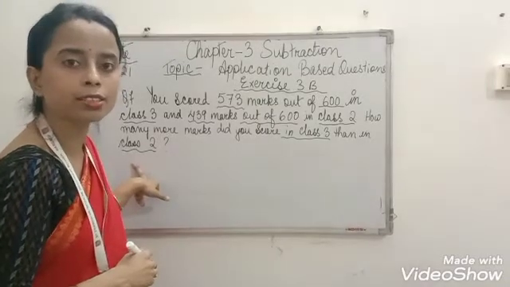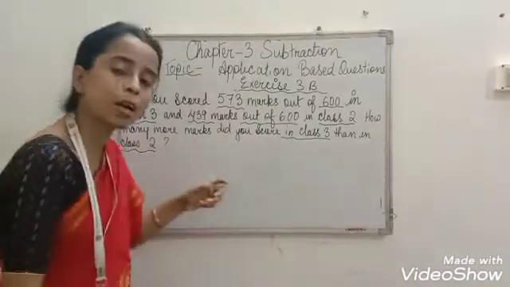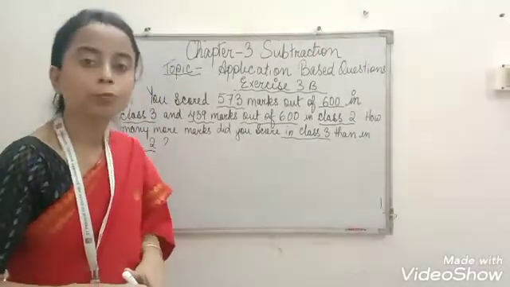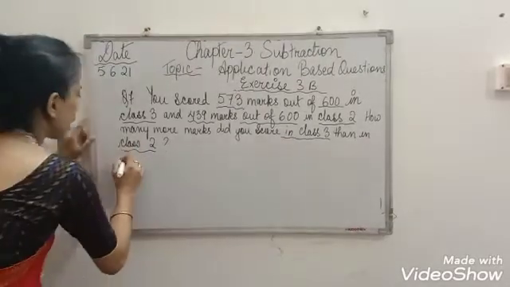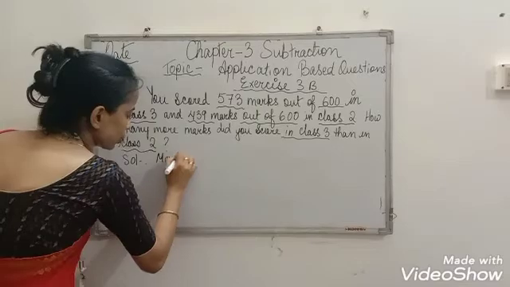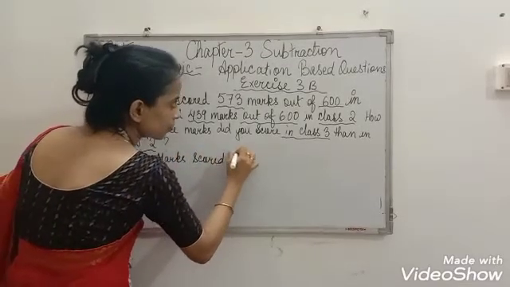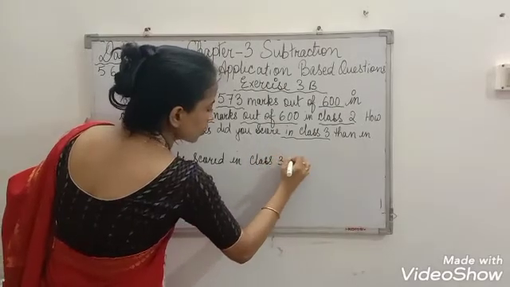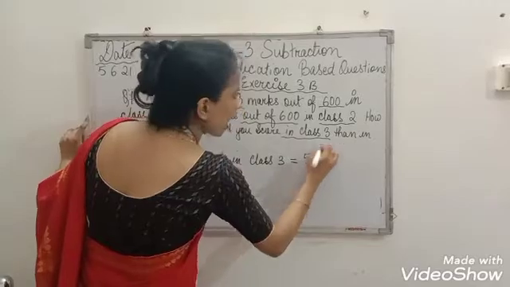How to find out this? How do you find out how many more marks you scored in class 3 than class 2? For that, we need to subtract. How? Marks scored in class 3 equal to how much? 573 out of 600.